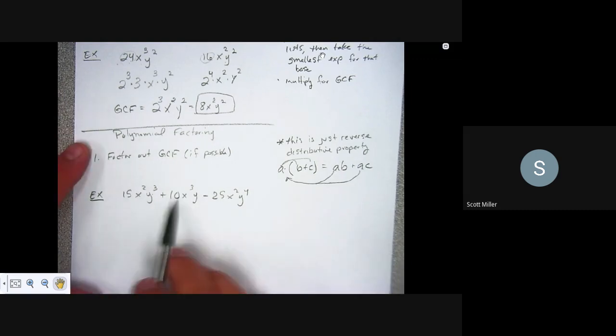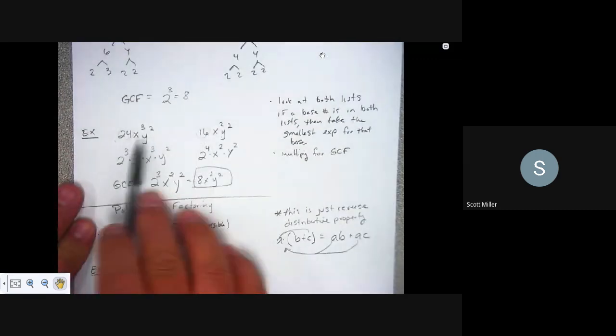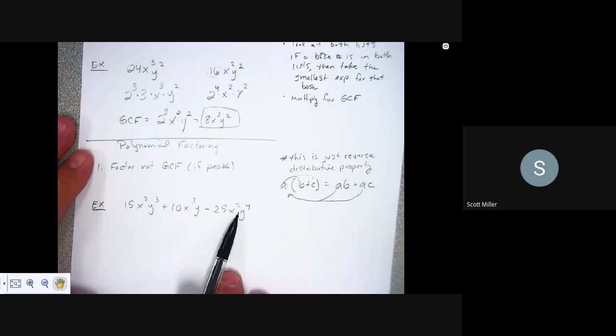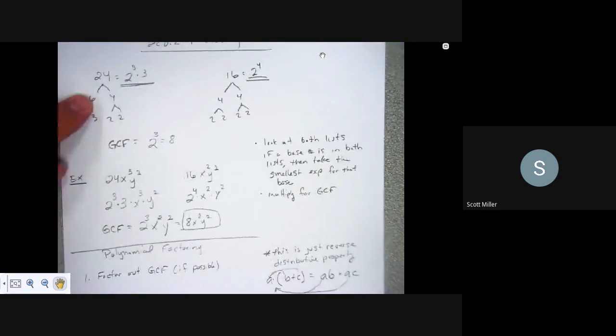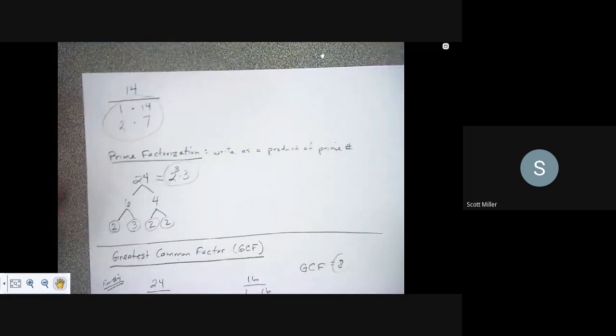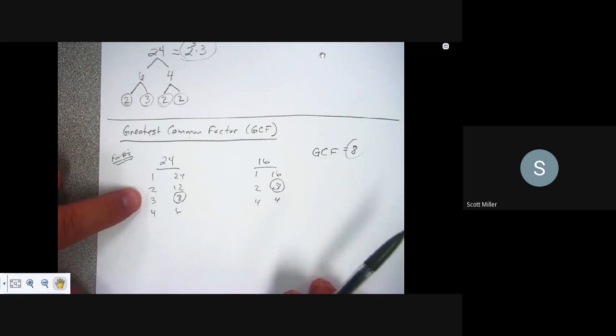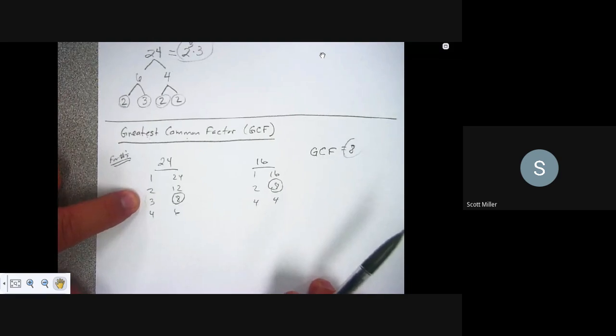There are three terms. It's like having three of these. See, this was only two. This is three of them. So between the three, we have to find the greatest common factor for 15, 10, and 25. You can do that using this technique, or you can use this technique. Either one is fine with me.